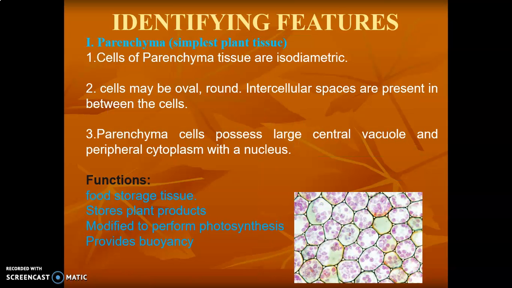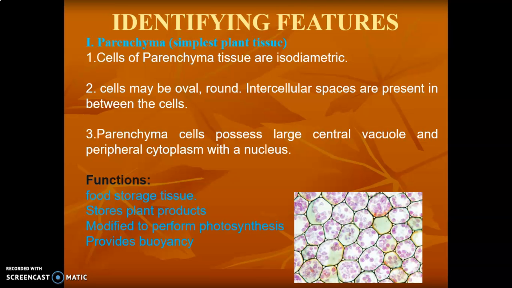The identifying features of parenchyma: it is the simplest plant tissue existing on this planet. The cells of parenchyma tissue are isodiametric, and may be oval or round, intercellular spaces are present between the cells, and parenchyma cells possess large central vacuoles, peripheral cytoplasm with a nucleus.